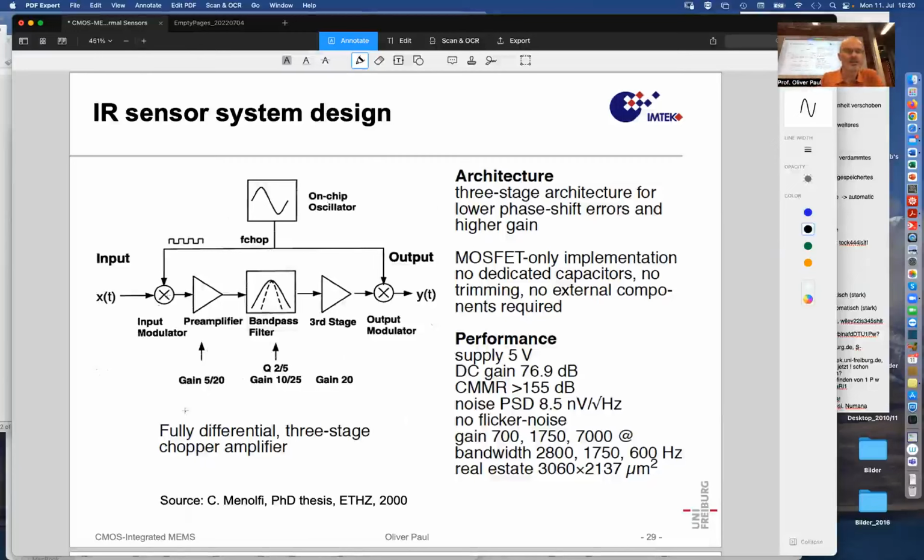And so here, this is a so-called fully differential 3-stage chopper amplifier. So there comes the signal, and then it is chopped with a frequency larger than the flicker noise cutoff frequency.